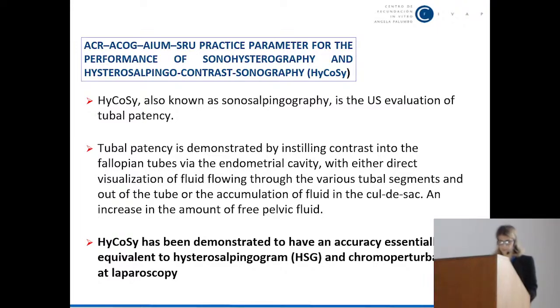ICOSI has been demonstrated to have an accuracy essentially equivalent to hysterosalpingogram and chromopertubation at laparoscopy.